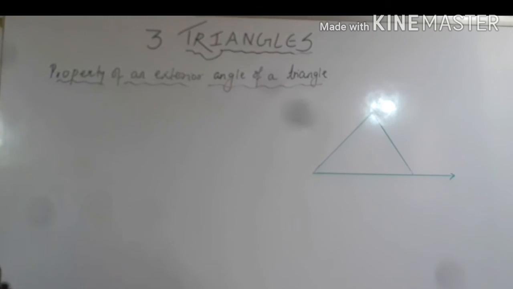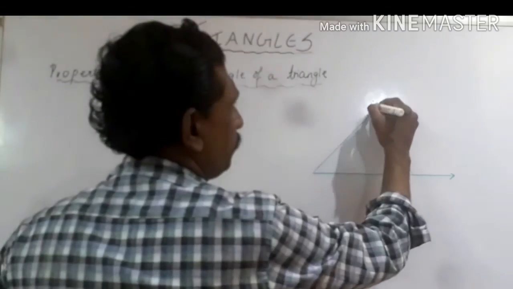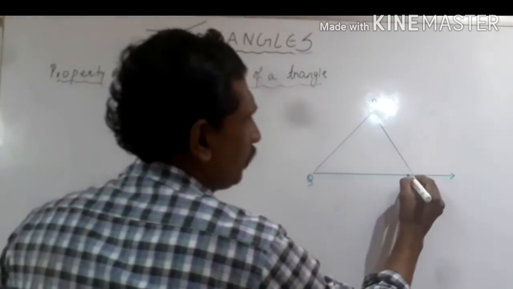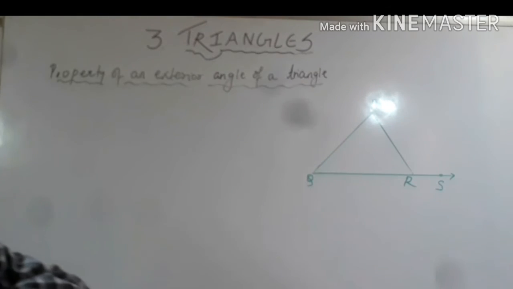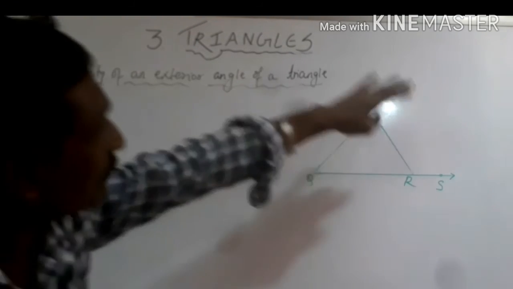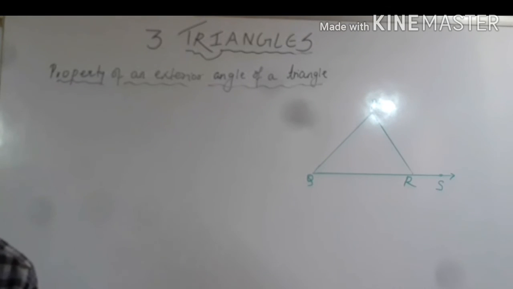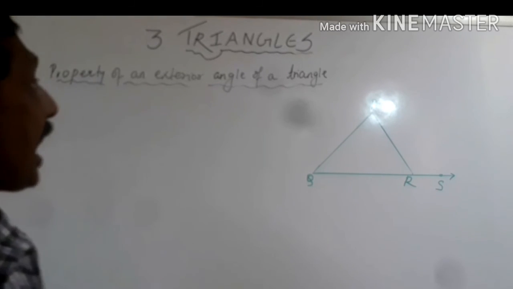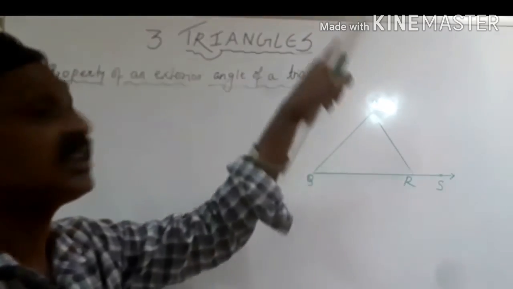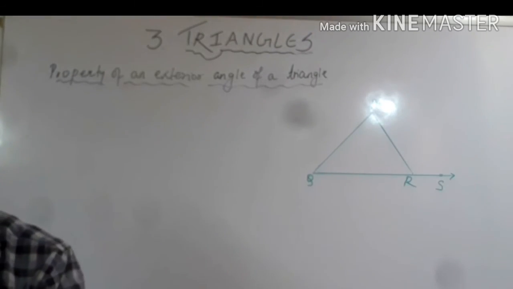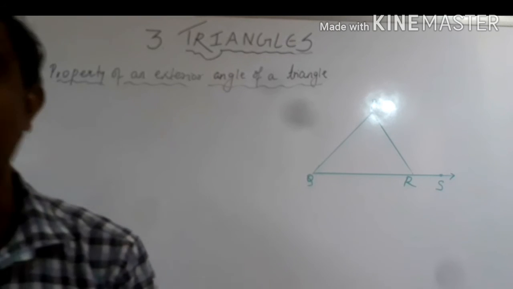Okay, let's name it as PQRS. Now, we have already seen in our theorem about the exterior angle of a triangle.